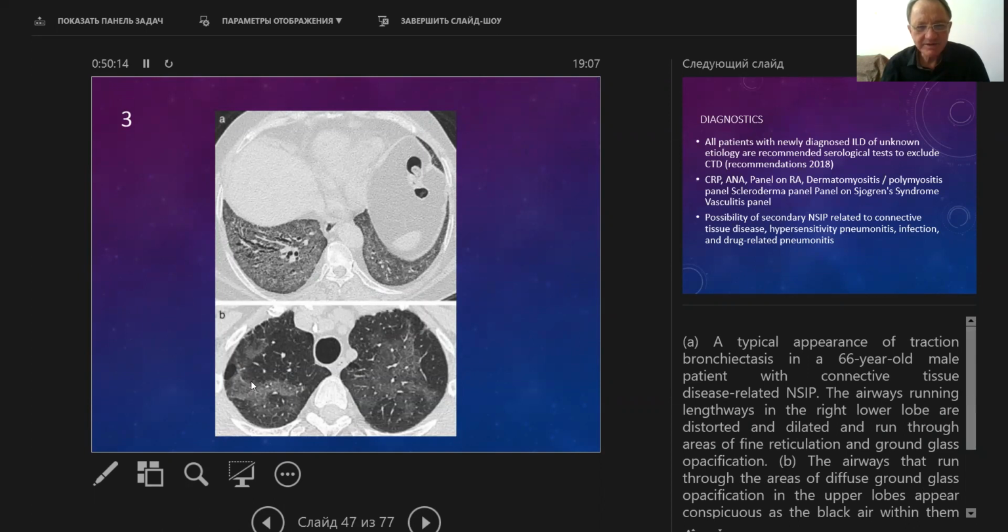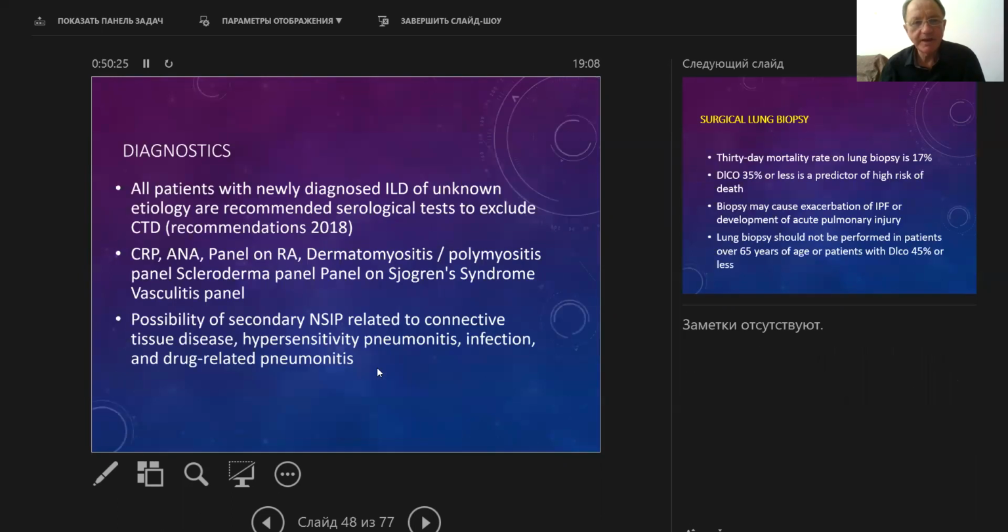In this slide you can also see typical non-specific interstitial pneumonia. All patients with newly diagnosed interstitial lung disease of unknown origin are recommended serological tests to exclude connective tissue disease.